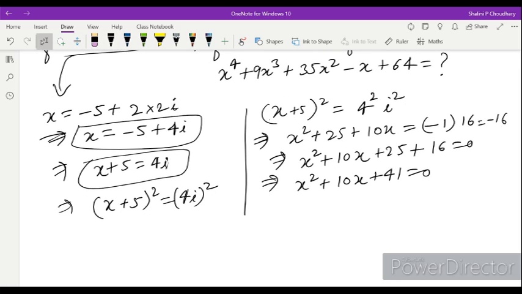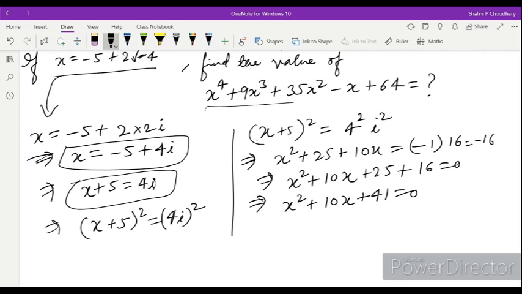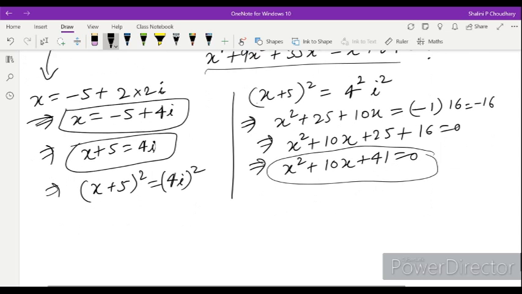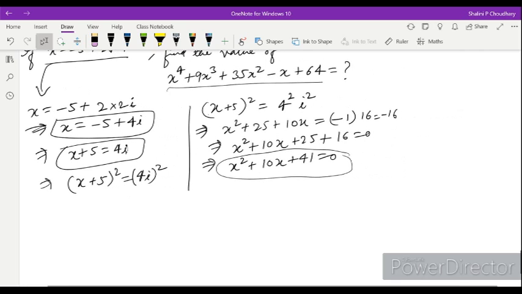Okay, now what we have to do? We have to divide, because this is the function whose value we have to find out, and we have got this one. So can we divide this? How can we divide this?